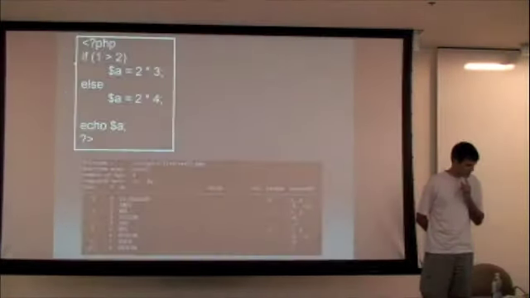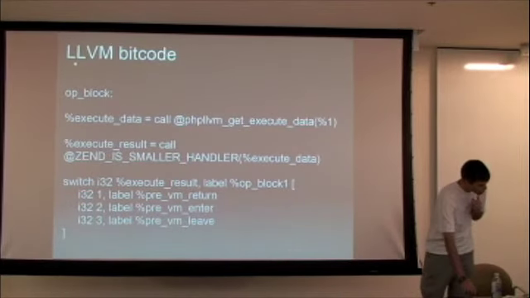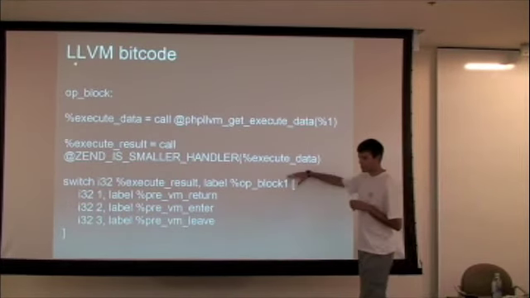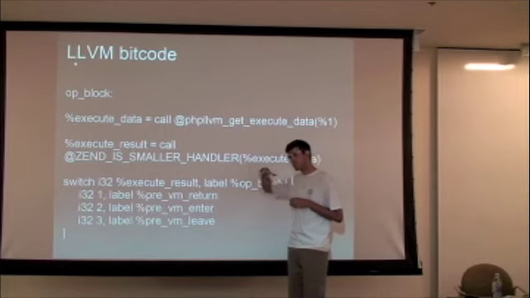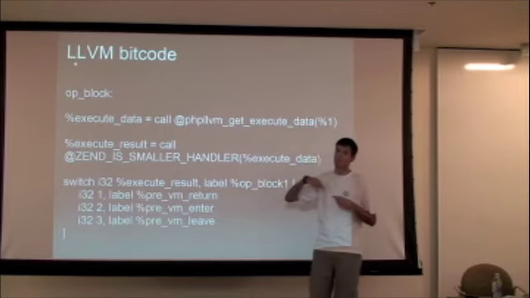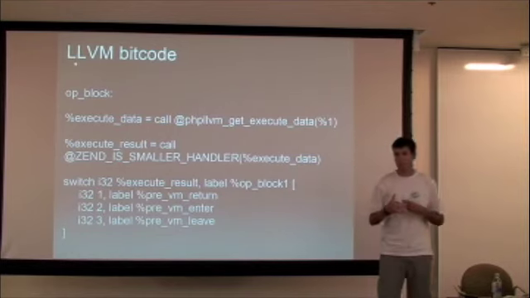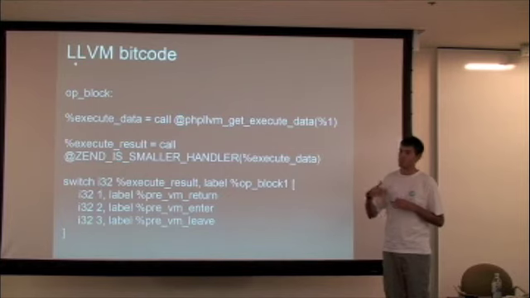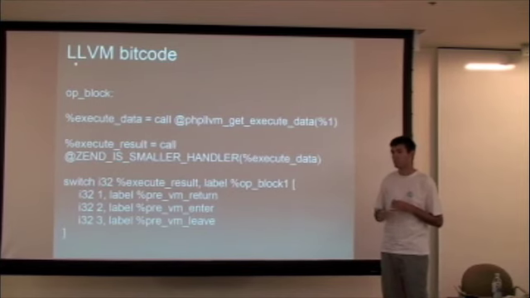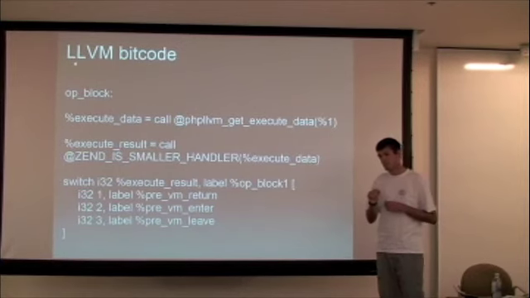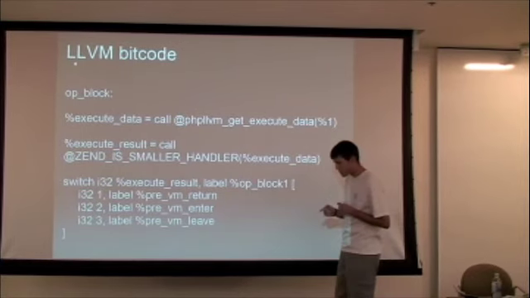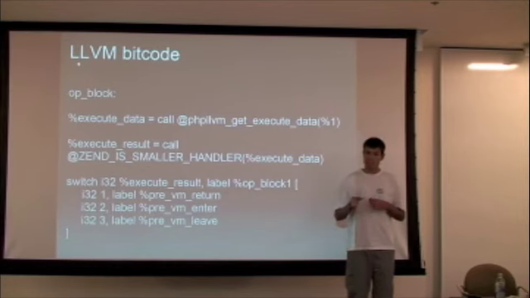The thing is that we inline the Zend handlers. Currently we don't perform inlining of PHP code itself. So if the user calls a user-level PHP function, that doesn't get inlined. The thing with bytecode caches in PHP is that the parsing is very slow.